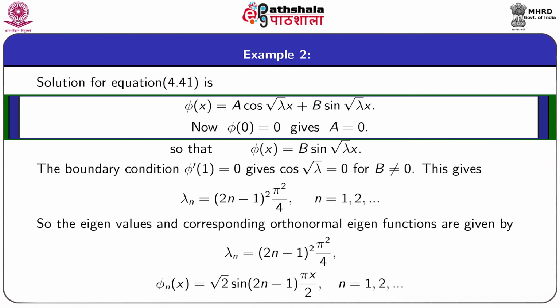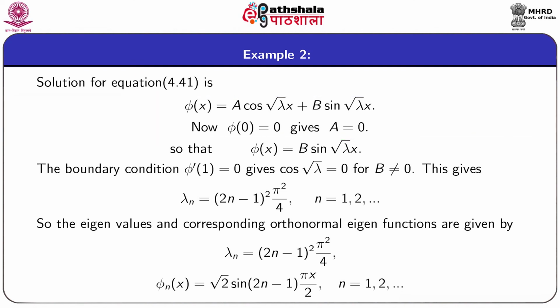Using the boundary condition phi(0) equal to 0, we obtain A equal to 0, so that phi(x) is equal to B sin(root lambda x).